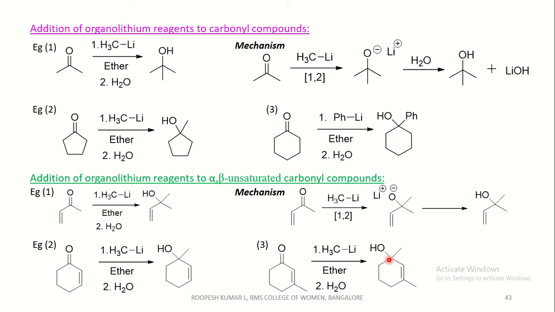And here you can observe that the addition of organolithium reagents to alpha beta unsaturated carbonyl compounds is 1,2 addition. It does not affect this double bond.